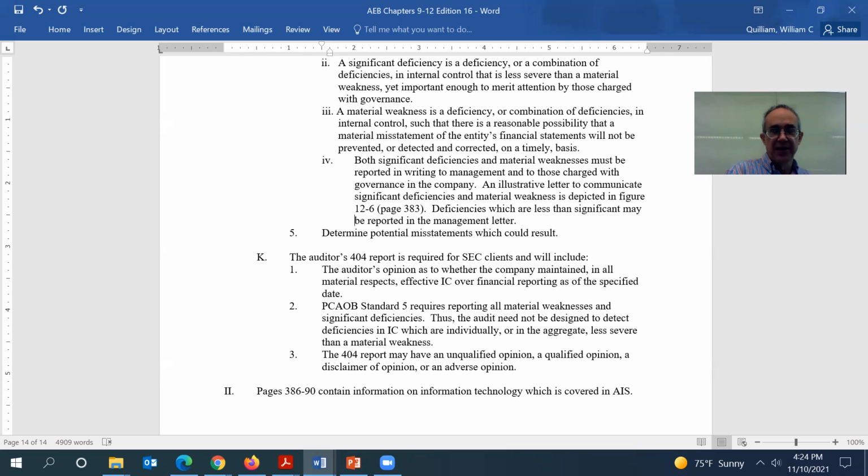We'll go there in a second. And by the way, deficiencies, which are less than significant, may be reported in the management letter. So those relatively small things may be reported in something called the management letter. We'll see it in chapter 24, which is just a couple of chapters down the road actually for us, because I skip ahead to that chapter.